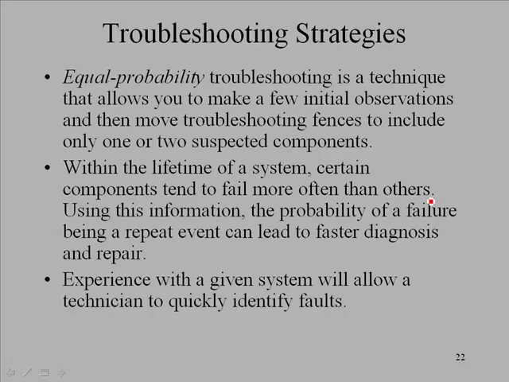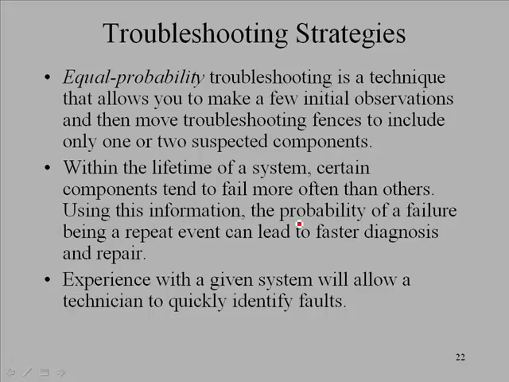Troubleshooting strategies. Equal probability troubleshooting is a technique that allows you to make a few initial observations and then move troubleshooting fences to include only one or two suspected components. Well, how do you do that? Within the lifetime of a system, certain components tend to fail more often than others, and that's what we talked about on the previous slide.